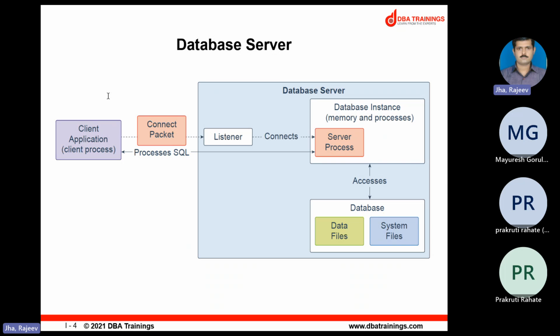But before 12c, that was the picture: every instance was associated with one database. From 12c onwards, one instance can have multiple databases, similar to SQL Server, MySQL or Postgres, where one instance has multiple databases. That concept started with Oracle 12c, which is called multitenant architecture.